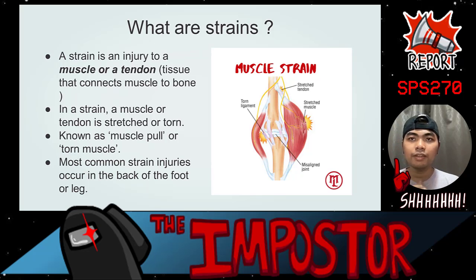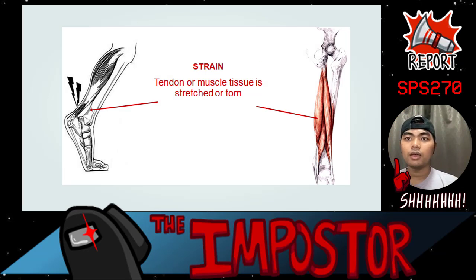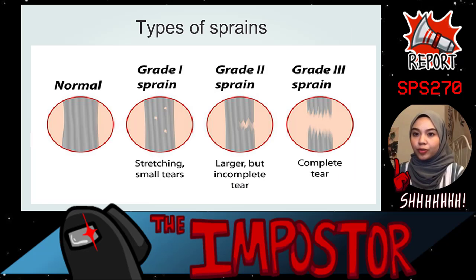The hamstring, which is the thigh muscle, the calf muscle, and the Achilles tendon are common injuries in strain. As with sprain, I also provide a picture where the tendon or muscle tissue is stretched or torn.